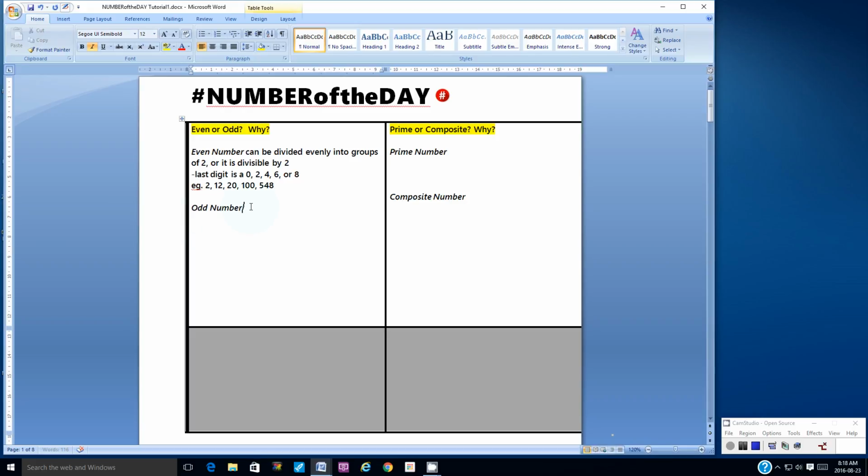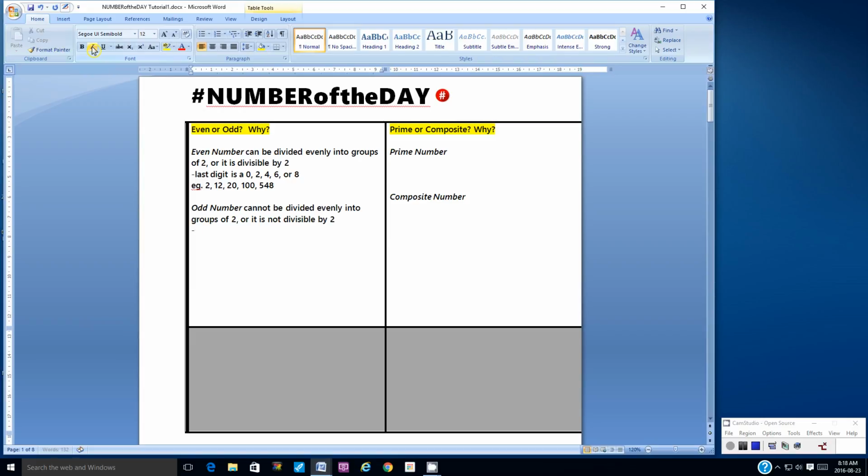So what's the definition of an odd number? Well, an odd number is exactly the opposite. An odd number cannot be divided evenly into groups of two. In other words, it is not divisible by 2.